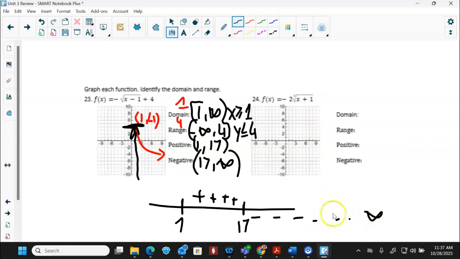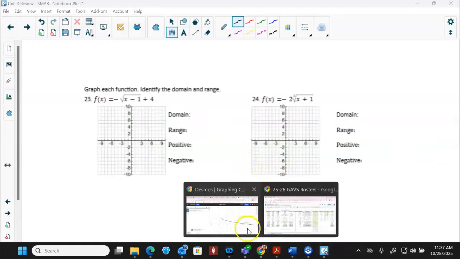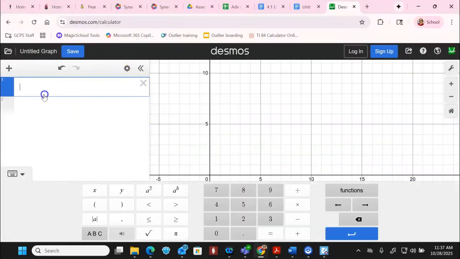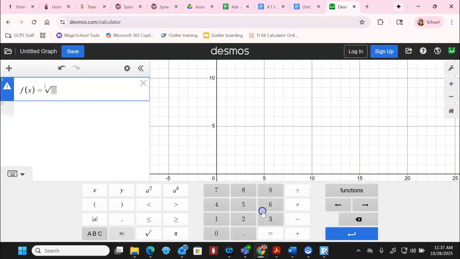All right, and then the next function is the cubed function. So pause that if you need to write it. Now, for the cubed function, remember that we're going to write f of x equals, and a cubed function is going to be under functions right here. Okay, and our function was -2 in the front, so that's a 3.